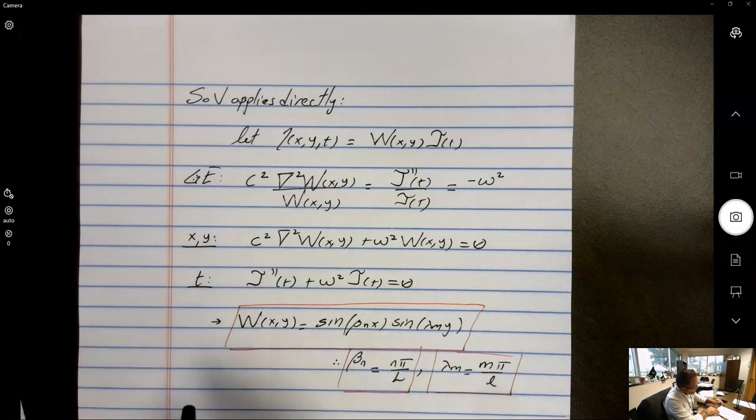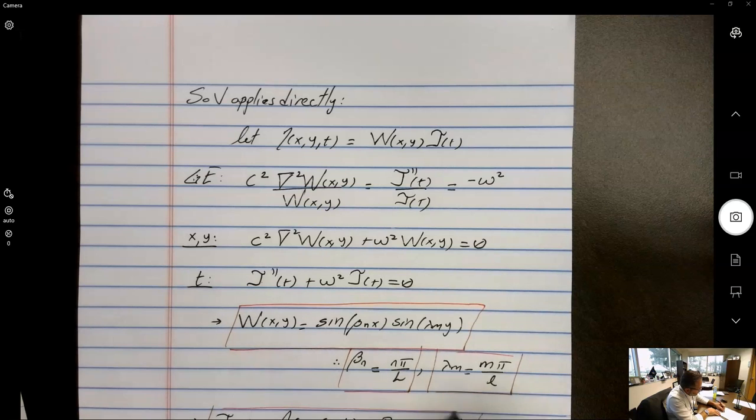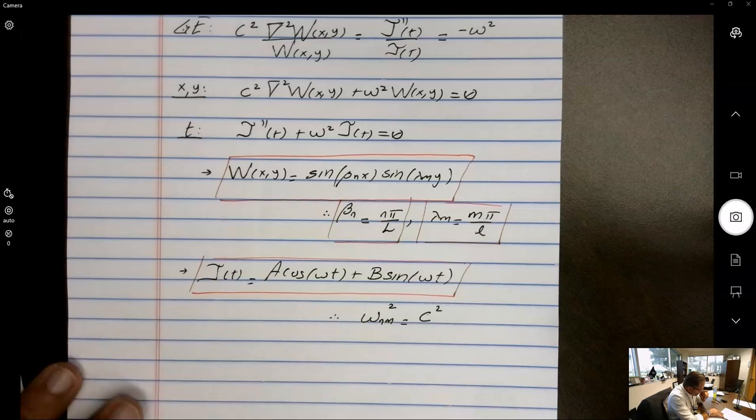And in the tau direction, the solution to this problem is a cosine omega t plus b sine omega t, such that omega nm squared is equal to c squared. Oops, sorry.